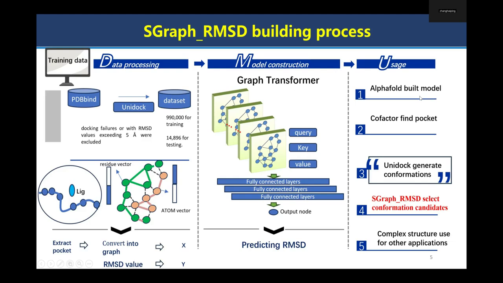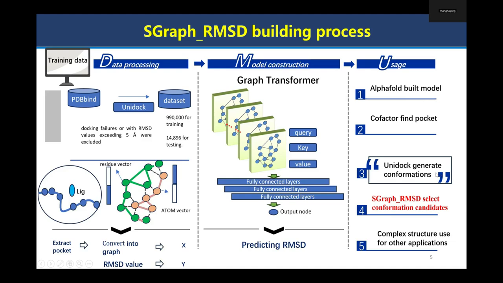The first step, we use the best currently available models: first AlphaFold 3 online version to build the protein structure, and then we use COFACTOR, from Professor Zhang Yang's lab, which is very great, to find the pocket.